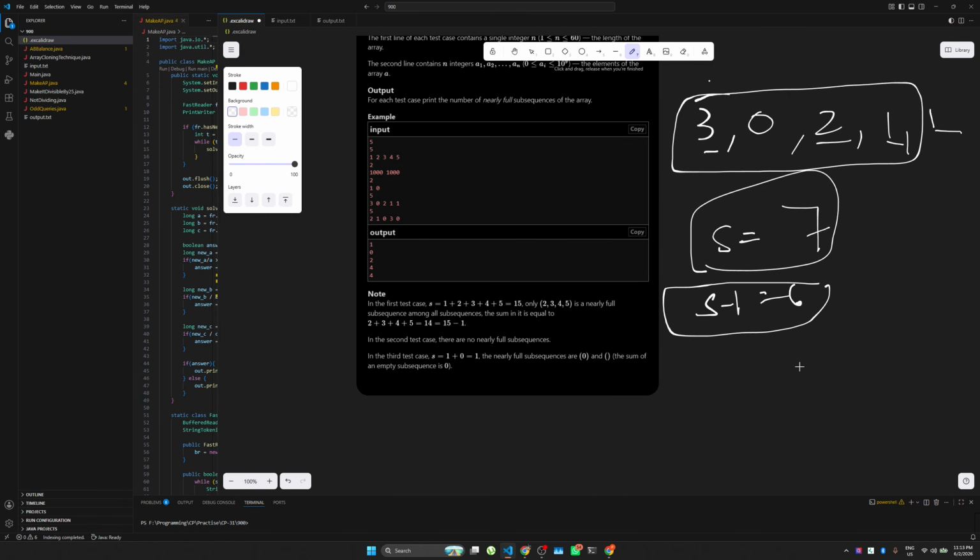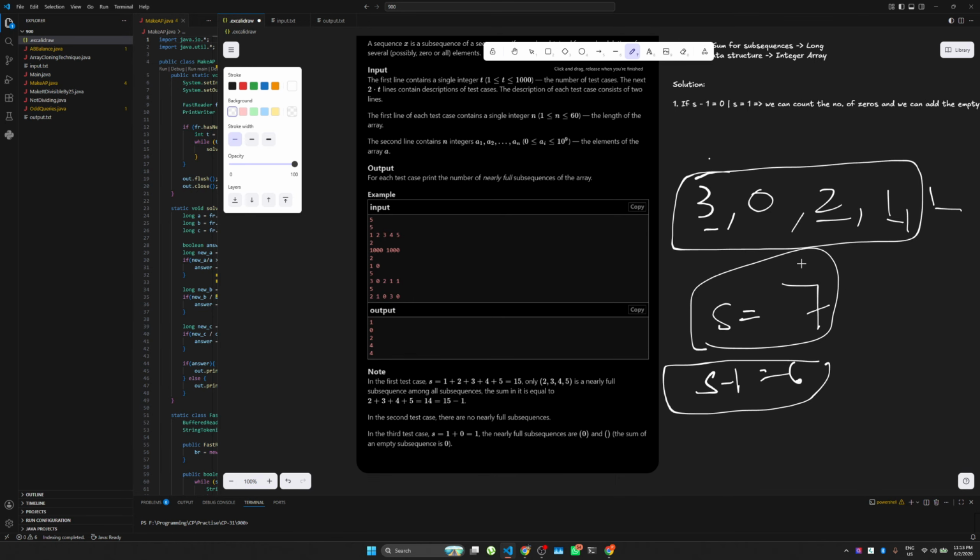Oh my God. Yeah, in subsequences we can skip an element. In a subarray it's important to be connected, but here we could skip an element directly.